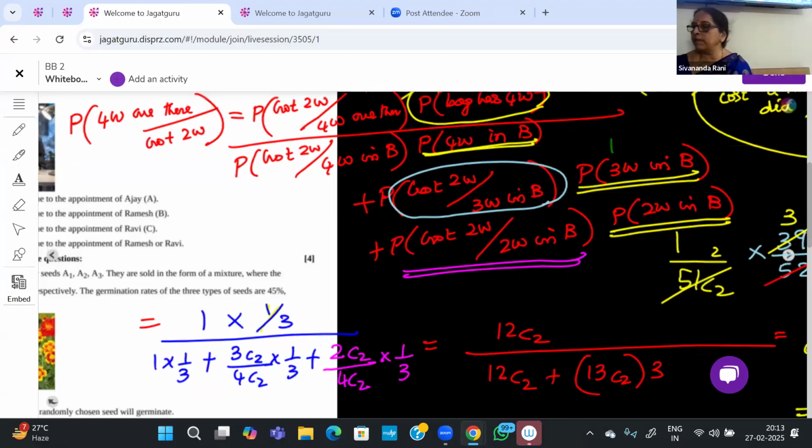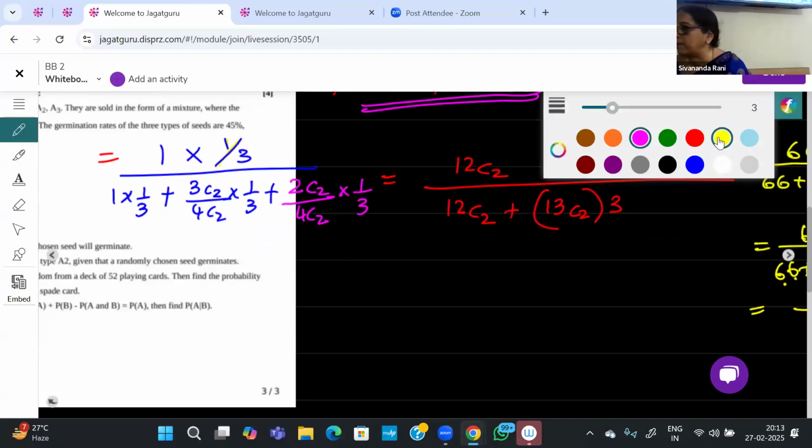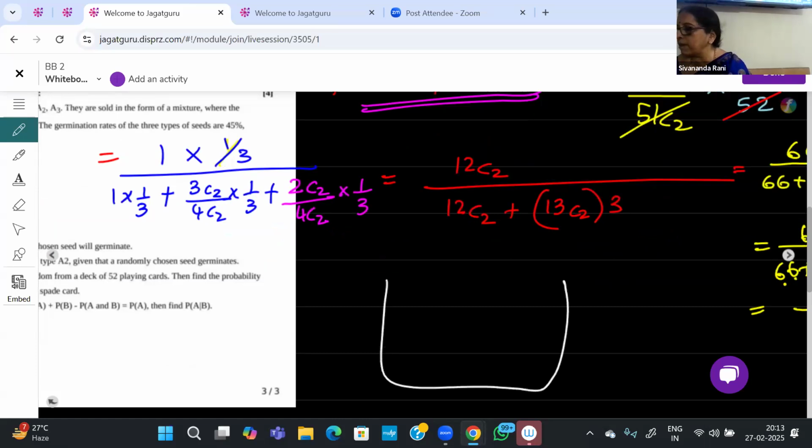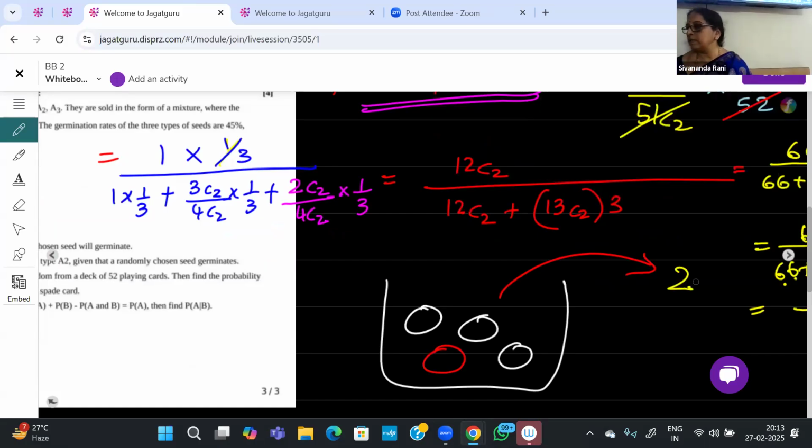So that means your bag will have 3 white and say 1 red. You are taking how many out of this, Shah? How many balls are taken? 2, right? So you are taking 2 out of this, but you want these 2 to be white only.